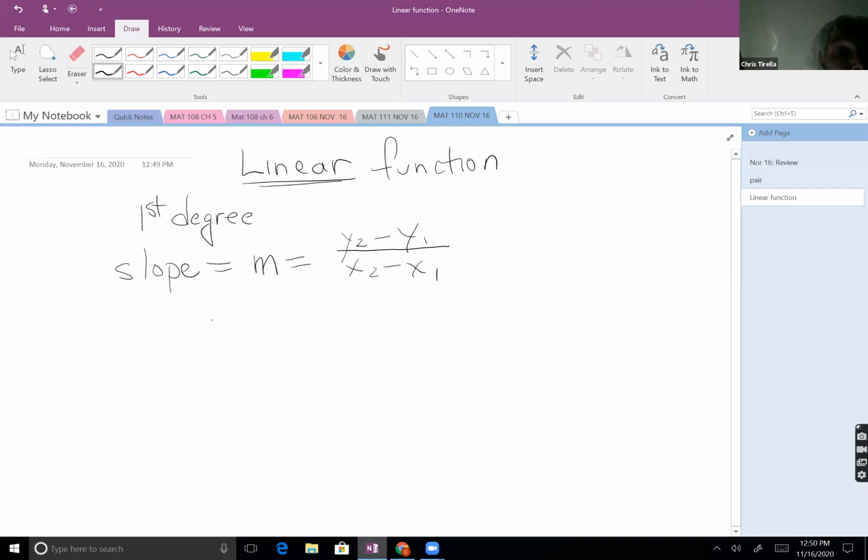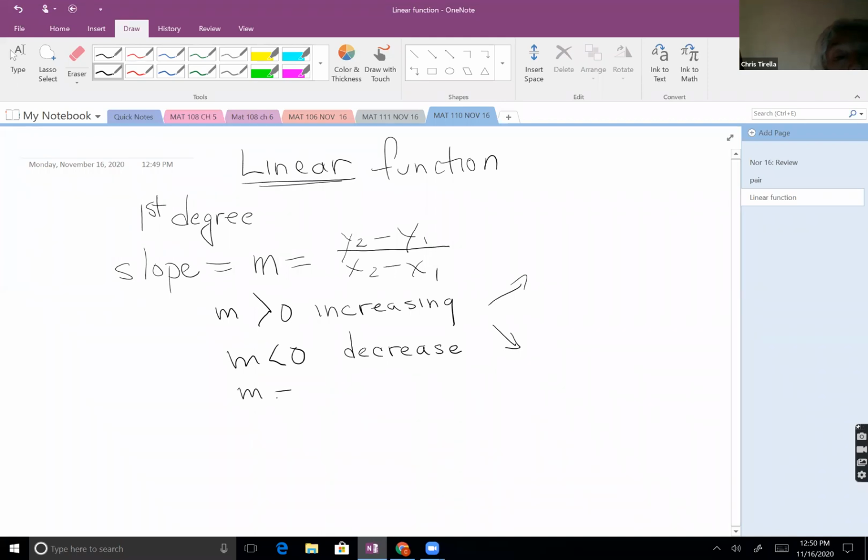And remember, we had said that if slope is positive, it's increasing. If slope is negative, it's decreasing, meaning going down as I look from left to right. Increase is going up, decrease is going down.